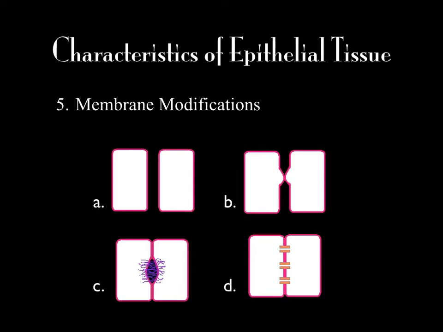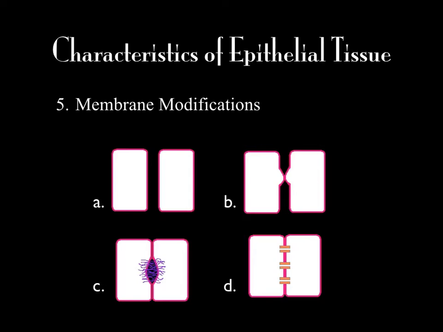Those channel proteins allow the cytoplasm of one cell to be directly connected to the cytoplasm of the adjacent cell. And because the cytoplasms of the cells are connected, those cells are able to efficiently communicate with each other by sending signals from one cell through that channel protein to the other.